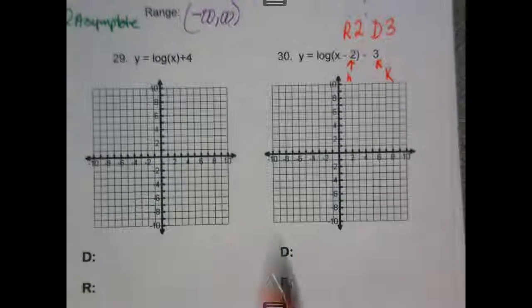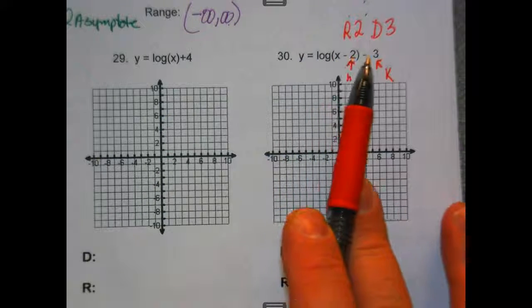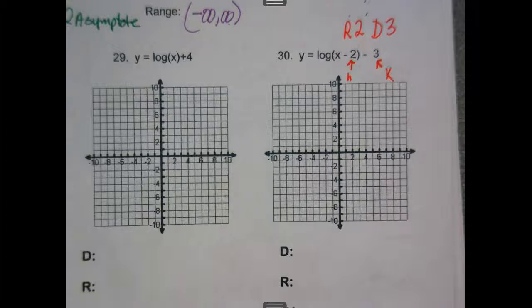Now, we could put this in the calculator and plot all those little tiny points again and do it that way. But we don't need to, okay? First of all, what's my vertical asymptote here? Nope.